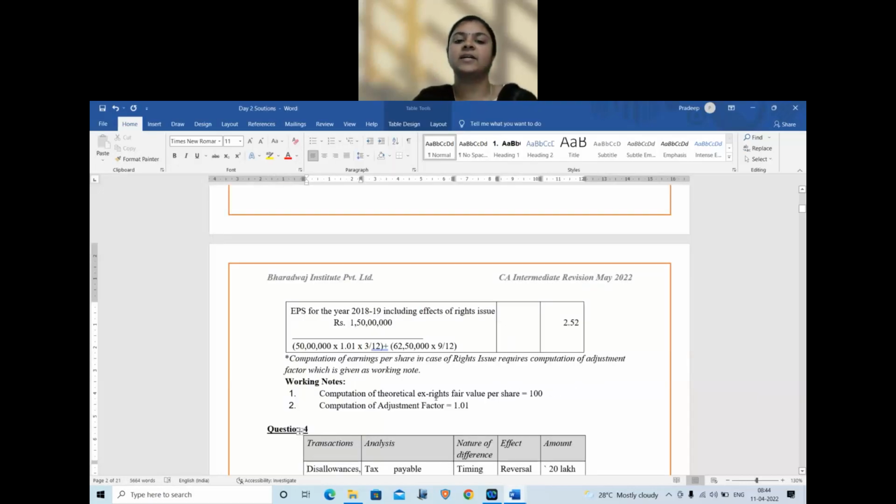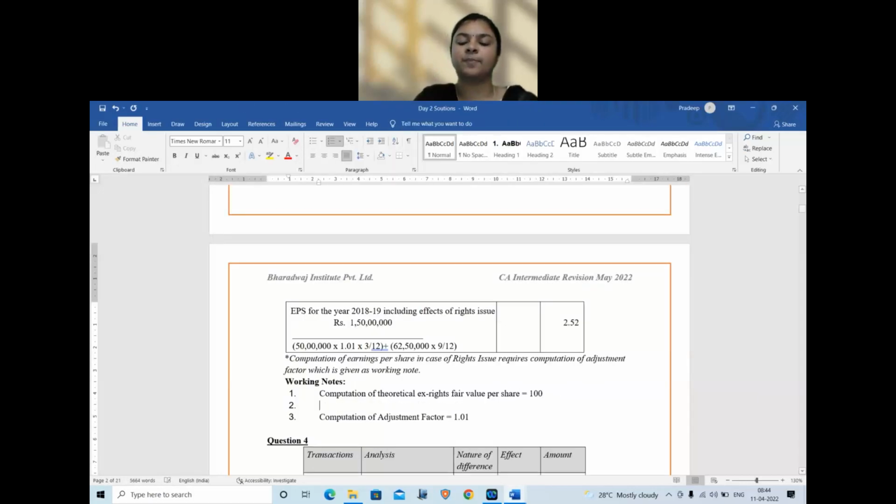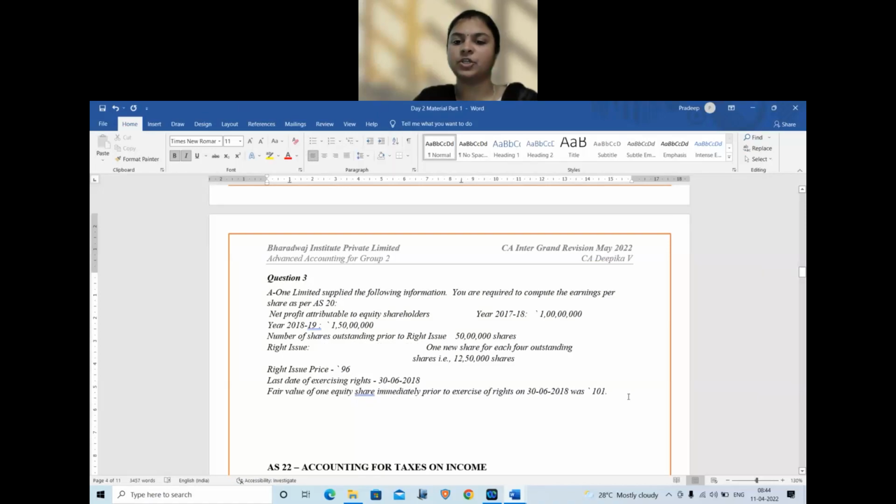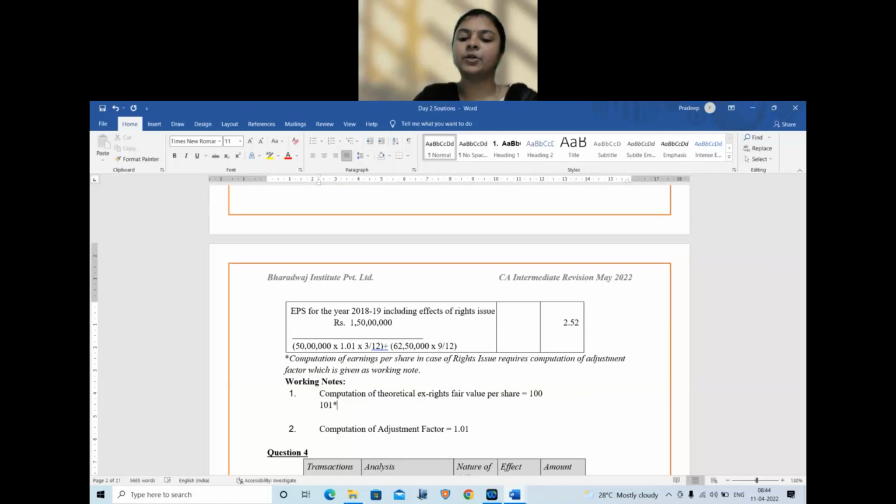So let's check the answer. The theoretical ex-rights price should be 100. So let's also check the computation. Market price before the issue was 101 into 50 lakh shares plus rights price 96 into 12 lakh 50,000 shares, the whole divided by 50 lakhs plus 12 lakh 50,000.